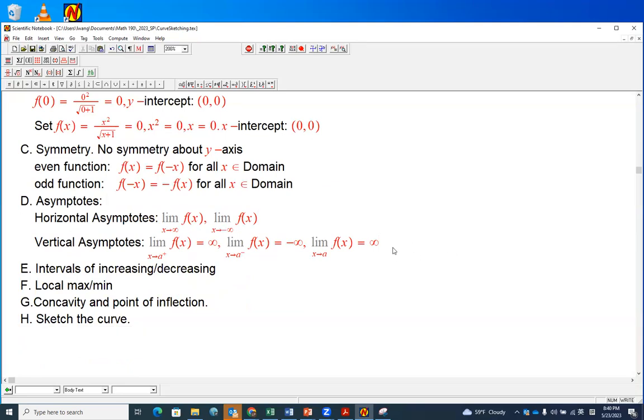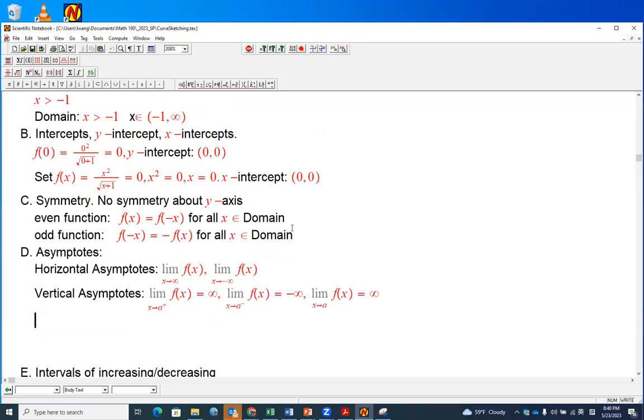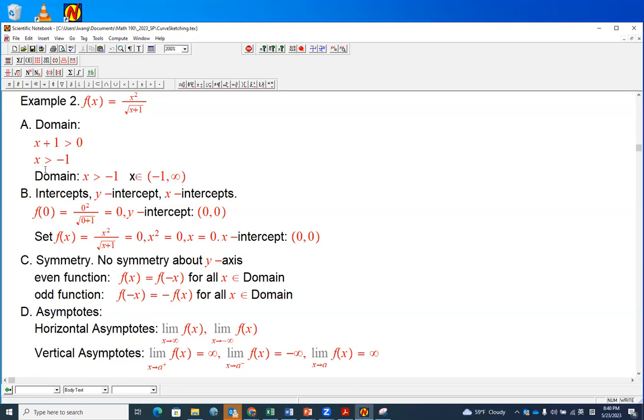Asymptotes. Okay, asymptotes. What most likely happens is that we look at the denominator. Okay, when x is approaching -1, x can only approach -1 from larger than -1. Because -1 is not included in the domain, but -1 is right outside the domain.